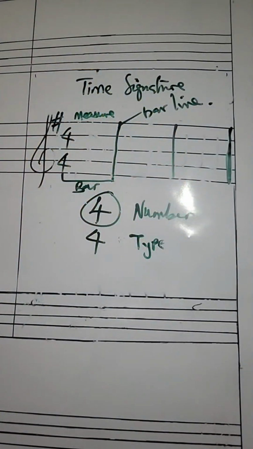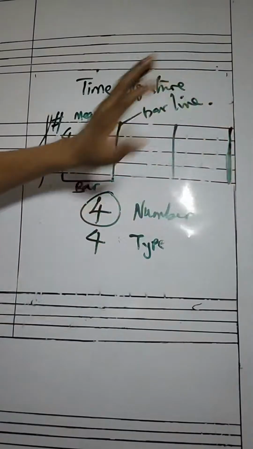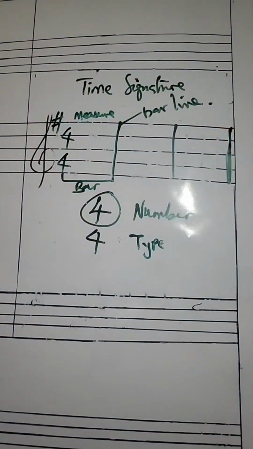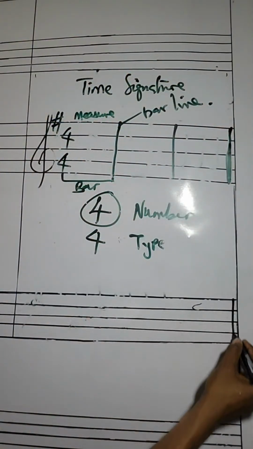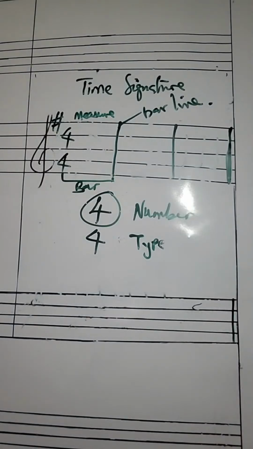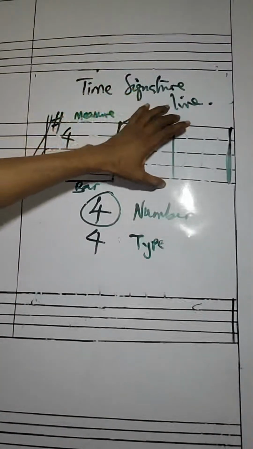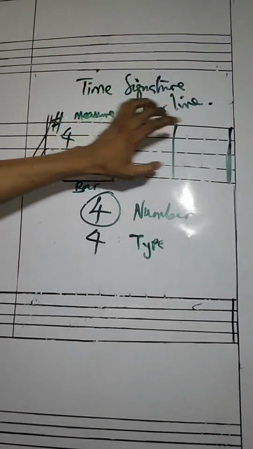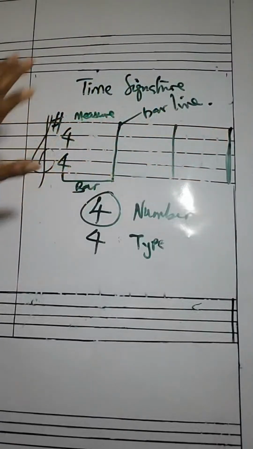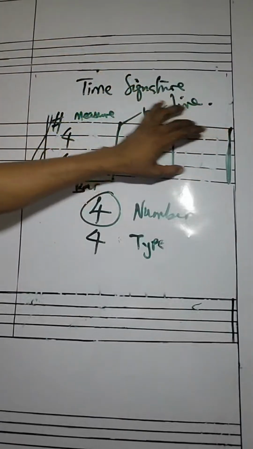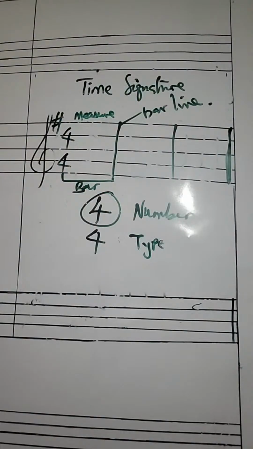It means you can temporarily stop there, or you can even end the song there. This double bar line is a strong one, telling you, oh, my song is ending here. This is the end of the piece. The end of a song, you see a double bar line. When you see one bar line here, it's dividing the piece into equal portions. So I want to believe we understand that now.